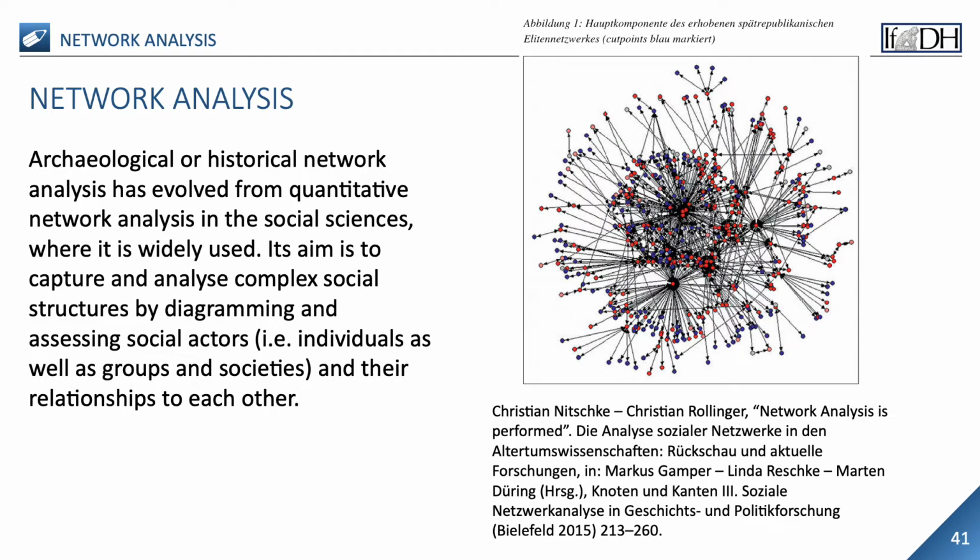Archaeological or historical network analysis has evolved from quantitative network analysis in the social sciences, where it is widely used. Its aim is to capture and analyze complex social structures by diagramming and assessing social actors, for example individuals as well as groups and societies, and their relationship to each other.